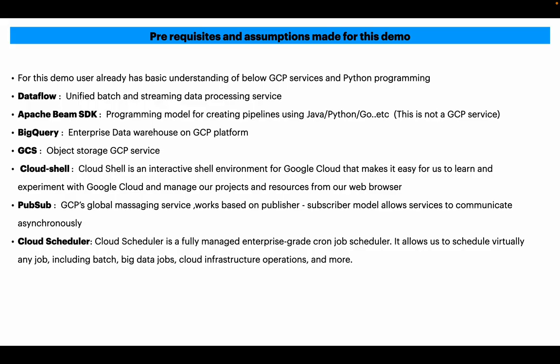This is a programming model used to create pipelines which can be run on Dataflow. It's supported by different programming languages: Java, Python, and Go. By the way, this is not a GCP service, it's an open source framework.